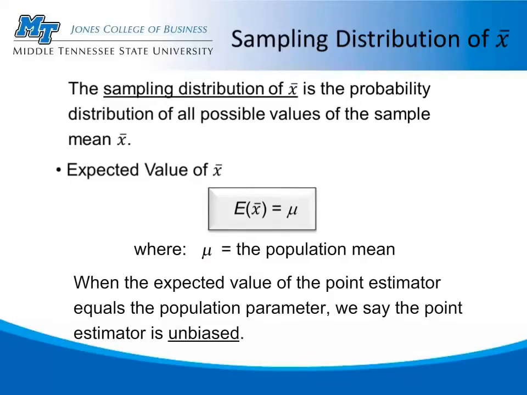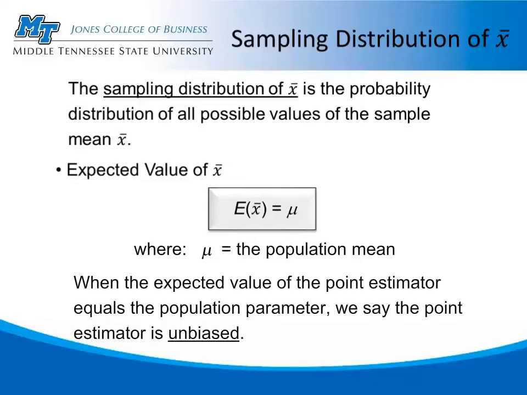Now, most of the time in Chapter 7, we're going to be dealing with the sampling distribution of the mean. No matter how you sample, whether with replacement, without replacement, order matters, order doesn't matter, it's always going to be true that the expected value of the sample mean is the population mean.